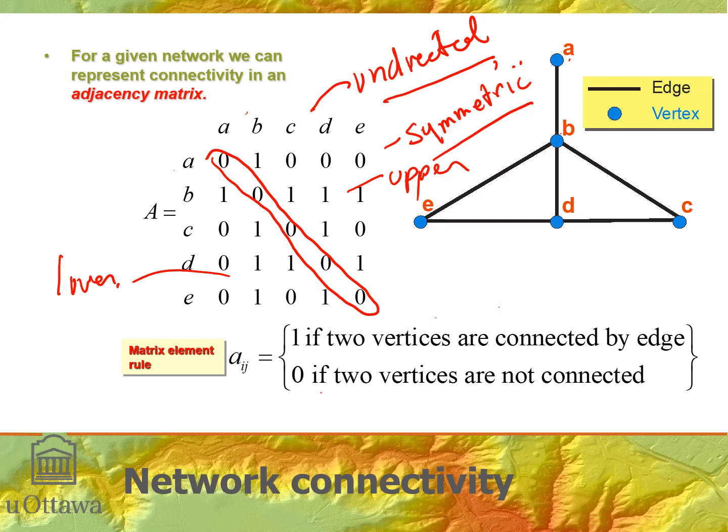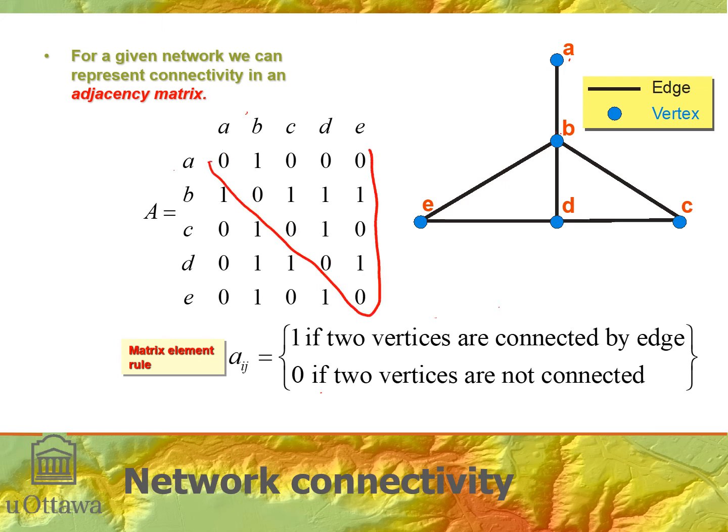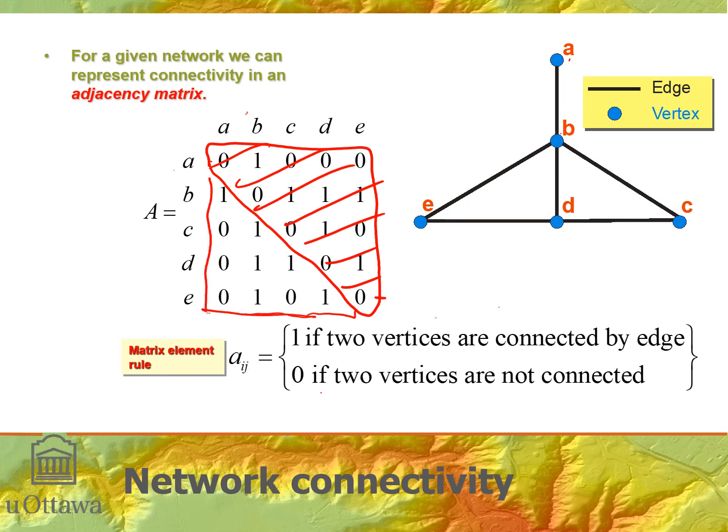So all the information that's actually needed is either in the upper or the lower. You can use either one. Generally, by convention, you use the lower. So you don't even need all this information in here. So all that can go. And everything you need to know about connectivity is actually just within this little lower diagonal portion right here, because it's just the same information up here.